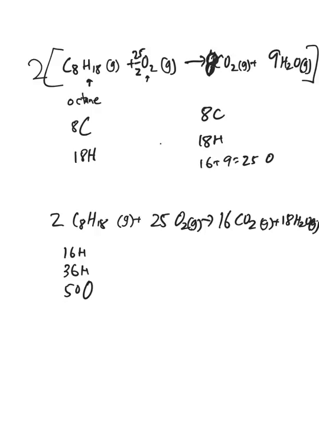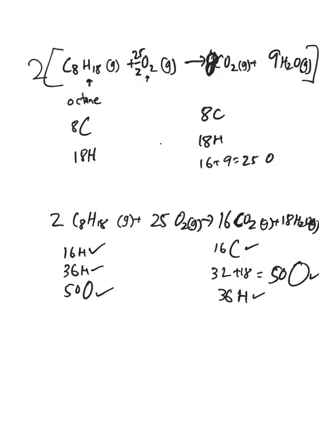The product side, I've got 16 carbons. I've got 16 times 2 is 32 plus 18 oxygens from the water. That gives me 50 oxygens. And I've got 18 times 2 is 36 hydrogens. So 16 carbons, 36 hydrogens, and 50 oxygens. And voila, it is all balanced.